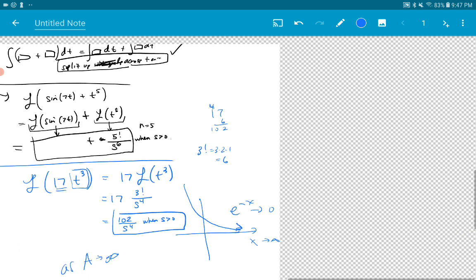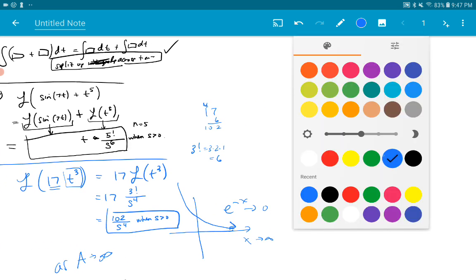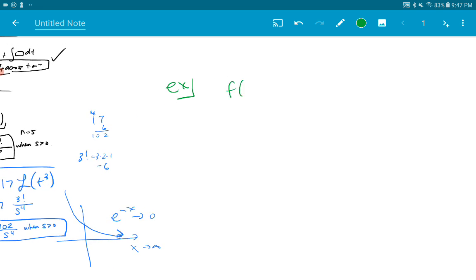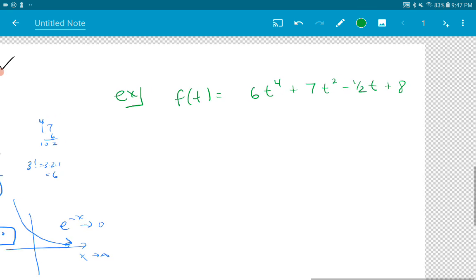Let me do another example here. I'll move over to the right here. Example. Here's a function, a typical polynomial: 6t to the fourth plus 7t squared minus 1/2 t plus 8.